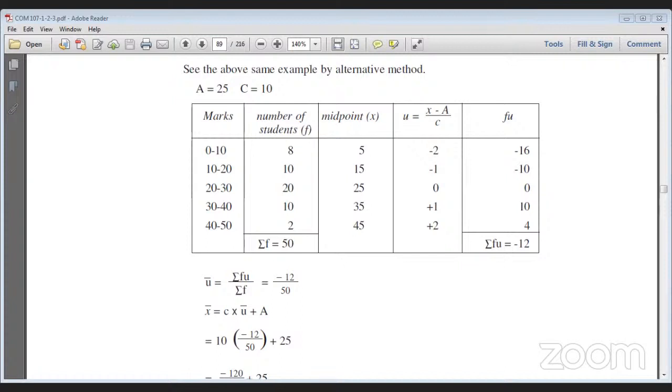Multiplication of 6 into 15 is 90, in this way 250, then 20 into 35 is 700, 45 into 10 is 450, and 55 into 4 is 220. Now the total of fx is equal to 1710.